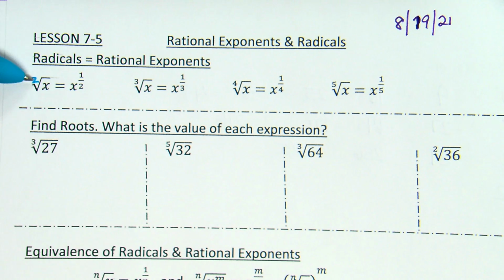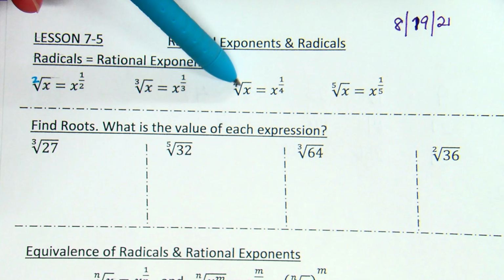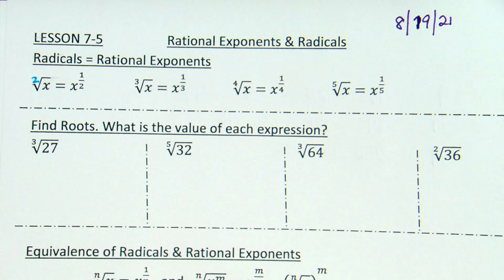So taking this little number that's in your radical and writing it as the denominator. So the cube root of x is x to the 1/3. 4th root of x is x to the 1/4. 5th root of x, x to the 1/5. If you saw an 8 in here, it'd be the 8th root of x. Okay? So you need to be familiar with that. We'll talk about it more as we go.